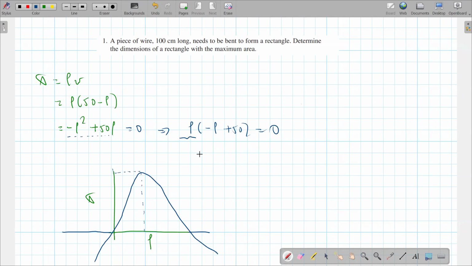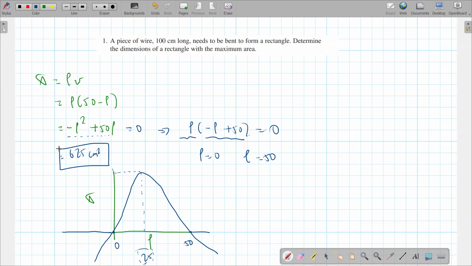Either L is 0, or, if you set the other factor equal to 0, L is 50. Those are the 2 x-intercepts. So where's the midpoint? 25. So an L value of 25 gives us the maximum area. Now let's plug 25 in here: negative 25 squared plus 50 times 25. That gives 625 centimeters squared. And there we go, that's the final answer.